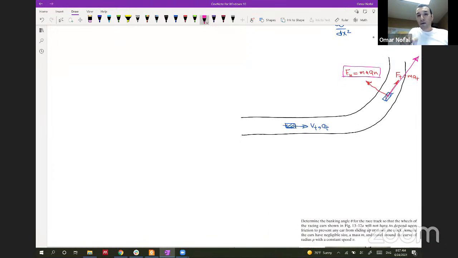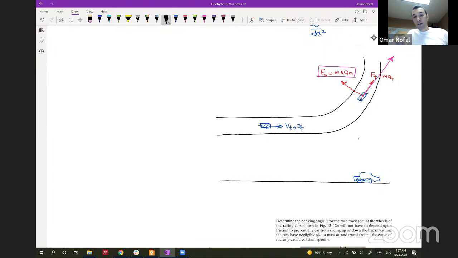So let's draw a profile of this road. Here's the profile of this road like this, and your car is somewhere here. Let's assume that this is the car, and here is the tangent direction, like here is how your car is moving. Here you have F motor in the tangential direction, and you will have the weight of your car like this, and your car is moving in this direction.